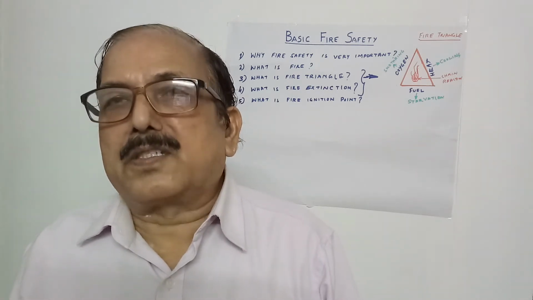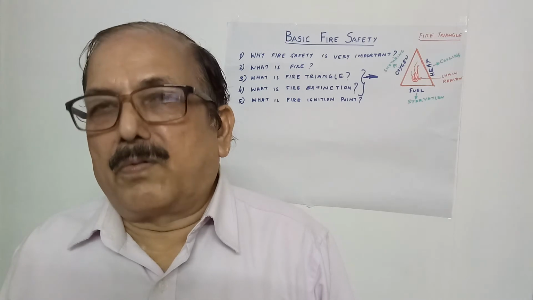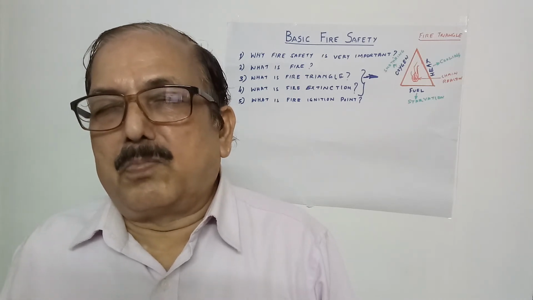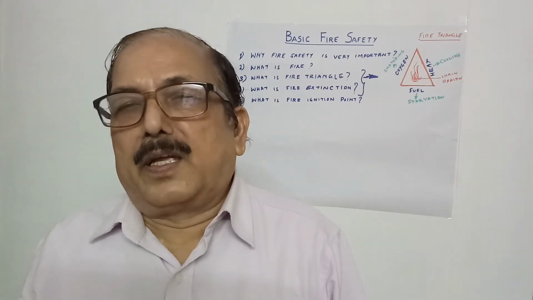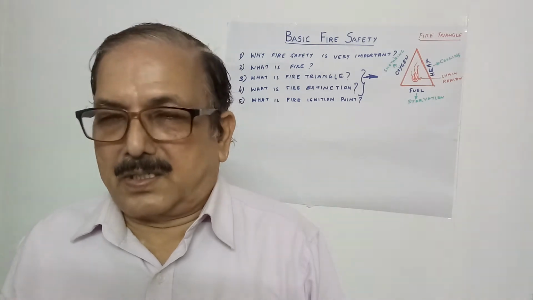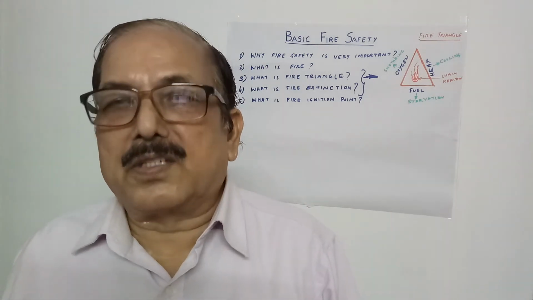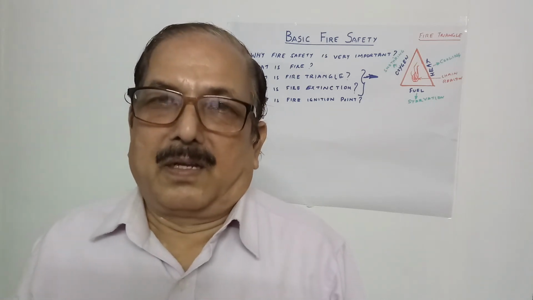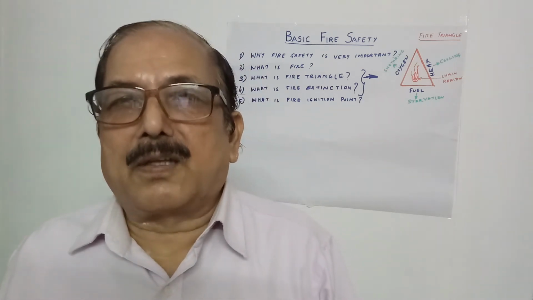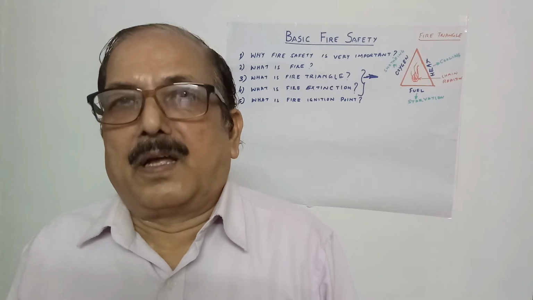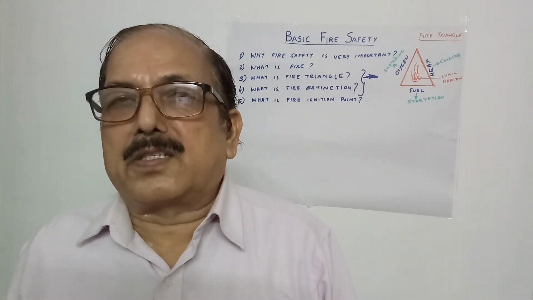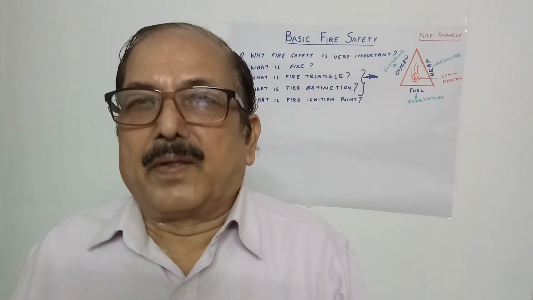For example, phosphorus: you must have done this type of experiment in your lower classes. Take some phosphorus and keep it at room temperature, and you can see that it will catch fire. So 28 degrees centigrade is sufficient for catching fire. Every material has its own ignition point.